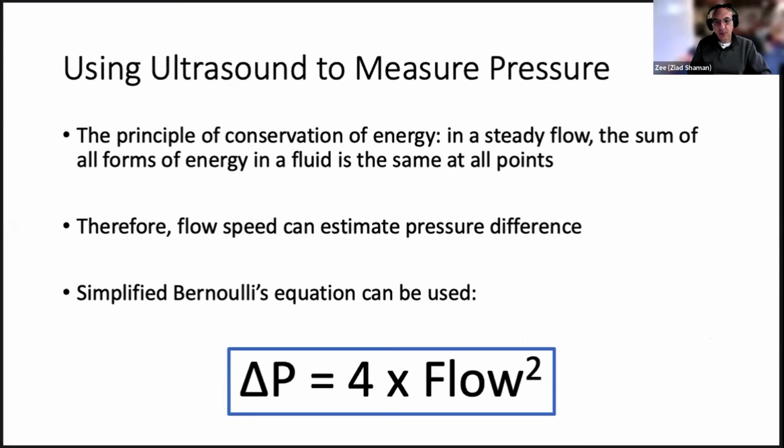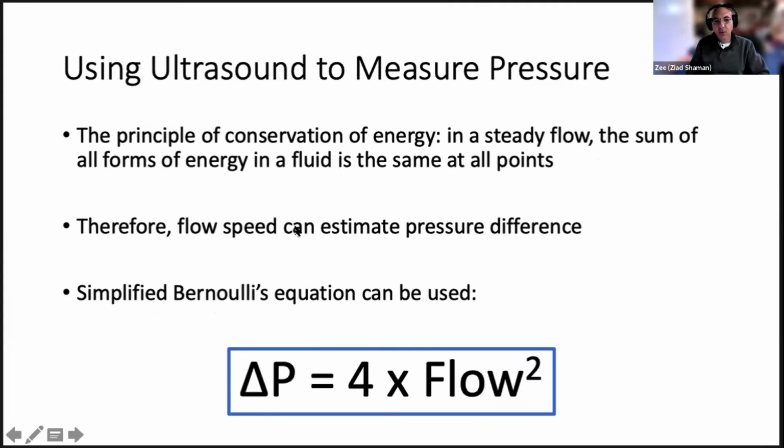Using ultrasound to measure pulmonary artery pressure seems simple. The idea is, if there is conservation of energy in fluid dynamics, if you have an area of high flow, you're going to have a drop in pressure, and if you have an area of high pressure, you'll have low flow. So this is called Bernoulli's equation or principle.